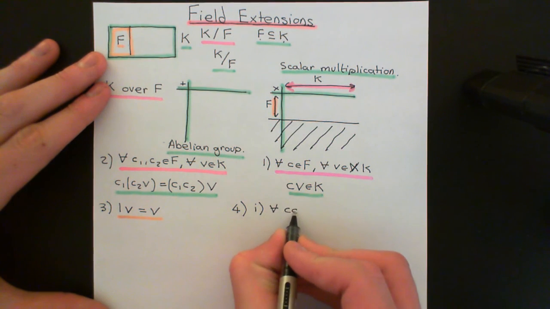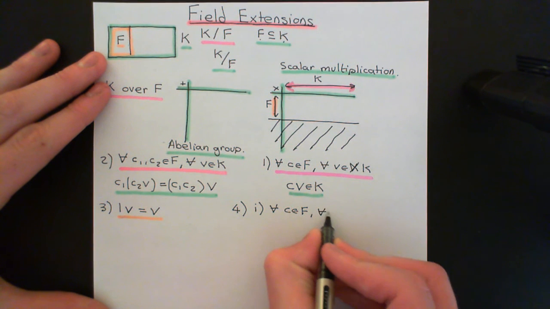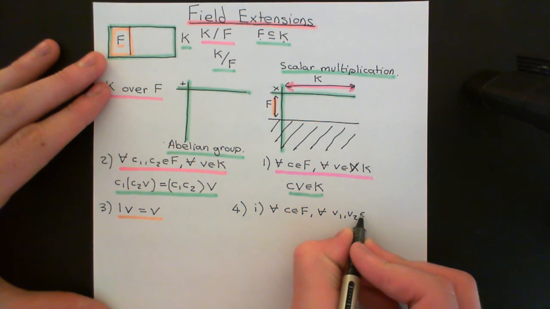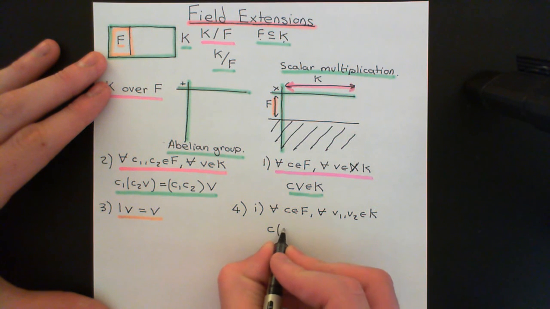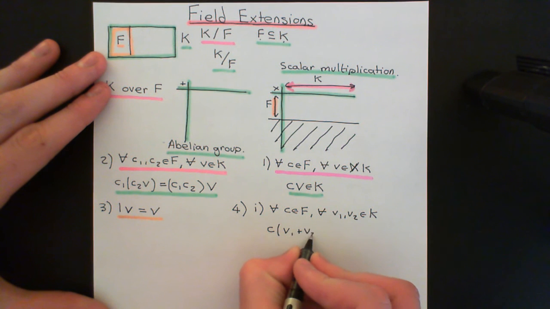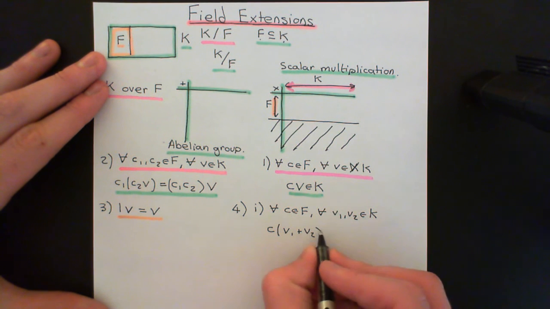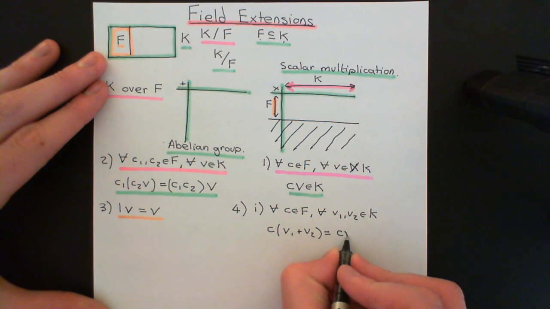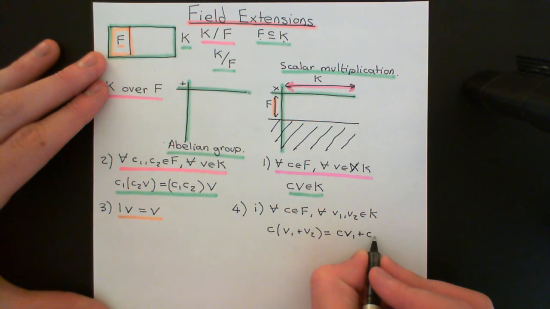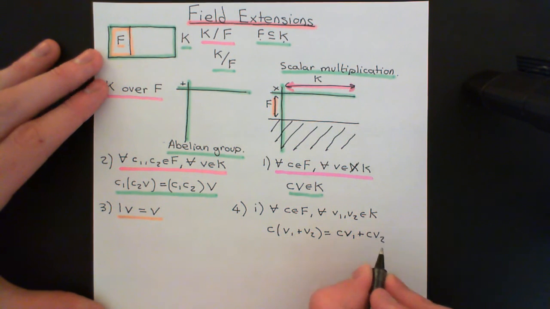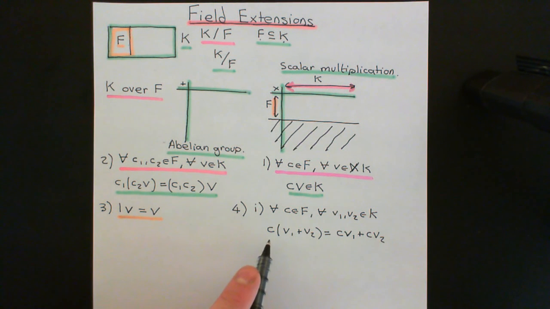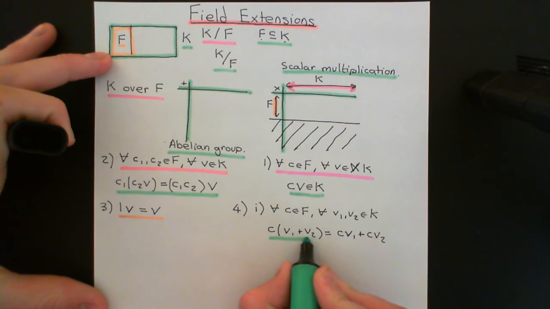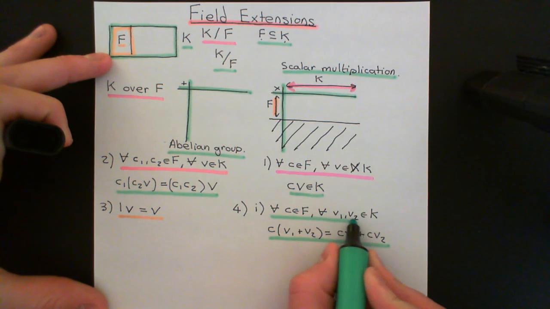So, for all c that you can pick from the field, and for all two vectors v1 and v2 that you can pick from the vector space, which in this case is K, c scalar multiplied with v1 plus v2, where this is addition in the vector space, must equal c scalar multiplied with v1 plus c scalar multiplied with v2. It must give you the same answer whether you firstly add the two vectors together and then scalar multiply, or firstly scalar multiply and then add. So this is distributivity of scalar multiplication over addition in the vector space.